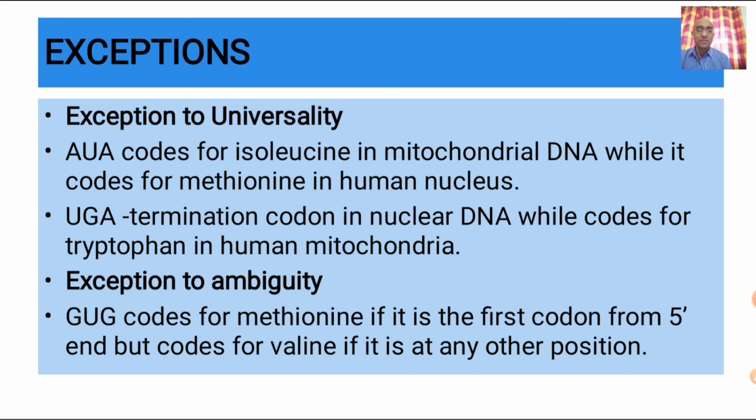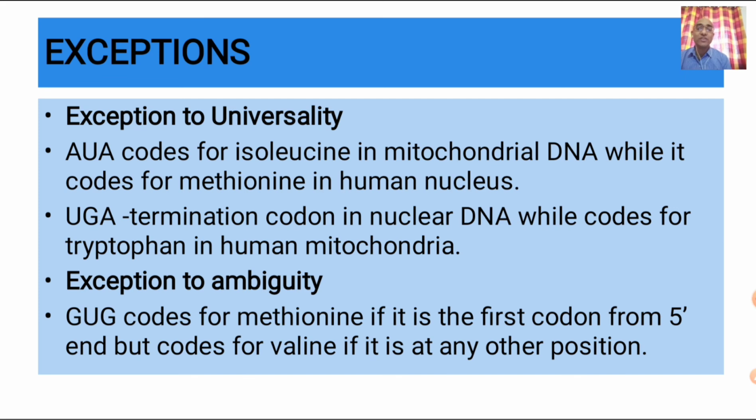But there are some exceptions to it, like GUG. GUG codes for methionine if it is the first codon from the 5' end, but it codes for valine if it is present in any other position.